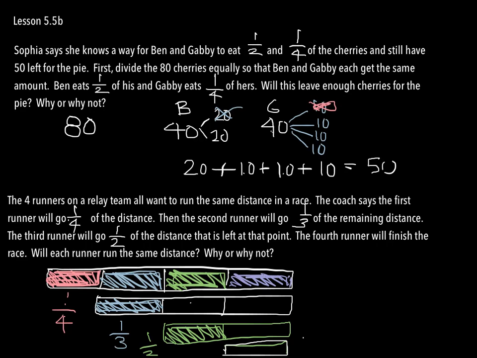So the question is, will each runner run the same distance? Why or why not? Well, yeah, they're all running the same distance. They're all running 1/4 of the race. It's just that we change the whole, the entirety, each time.